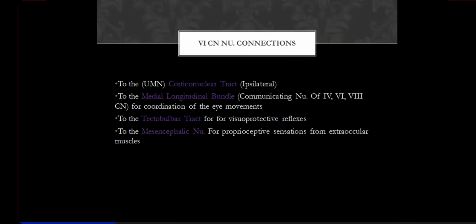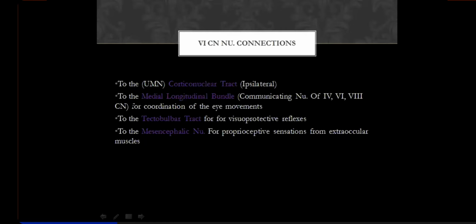So the impulses from the higher centers may be visual centers, maybe auditory centers, with the psychosomatic centers. All impulses from the higher centers will descend down, and those fibers will be called the corticonuclear fibers. So it is communicating with the corticonuclear tract, and this will be an ipsilateral pathway.